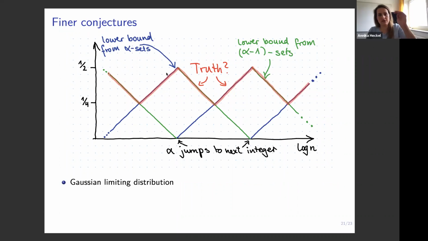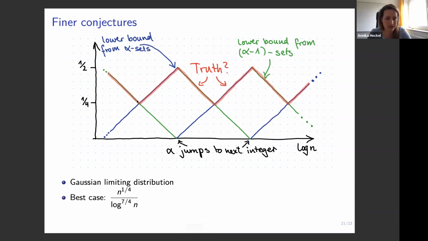So during one of these spikes, we conjecture that essentially, if you know how many independent sets of this size you have, up to lower order variations, you can predict the chromatic number. And this also implies a Gaussian limiting distribution for the chromatic number here.